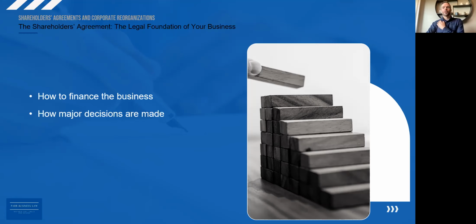Another important aspect of a shareholders agreement is that it covers how important decisions are made. Generally in a private company, the directors are the persons who make the decisions. But in many companies, those decision-making powers are delegated to the shareholders to some degree.